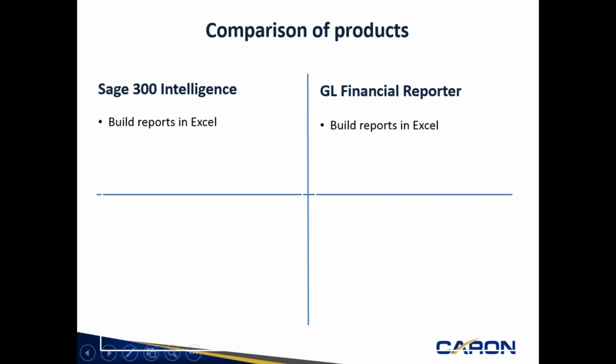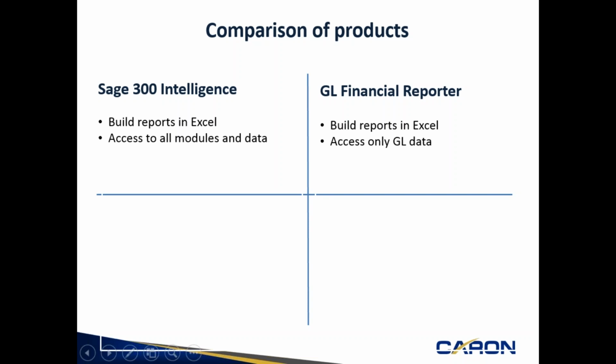With the Financial Reporter, however, you have to use some specific codes, and you might have to spend some time learning about these codes. The Financial Reporter accesses only GL data. With Sage 300 Intelligence Reporting, however, you can get information in other modules.